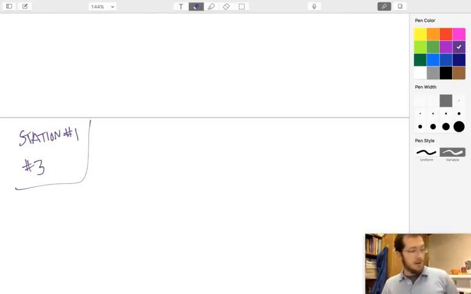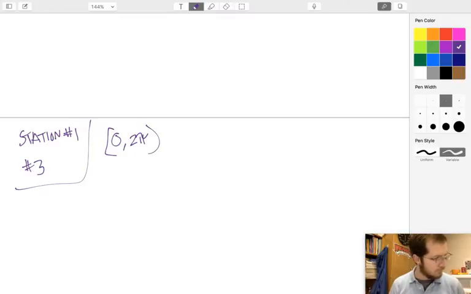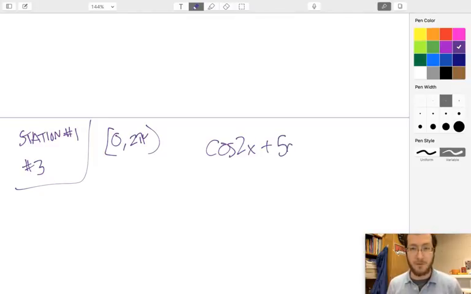And it says find all solutions in the interval between 0 and 2 pi, without a calculator, and they give us cosine of 2x plus 5 cosine of x equals 2.